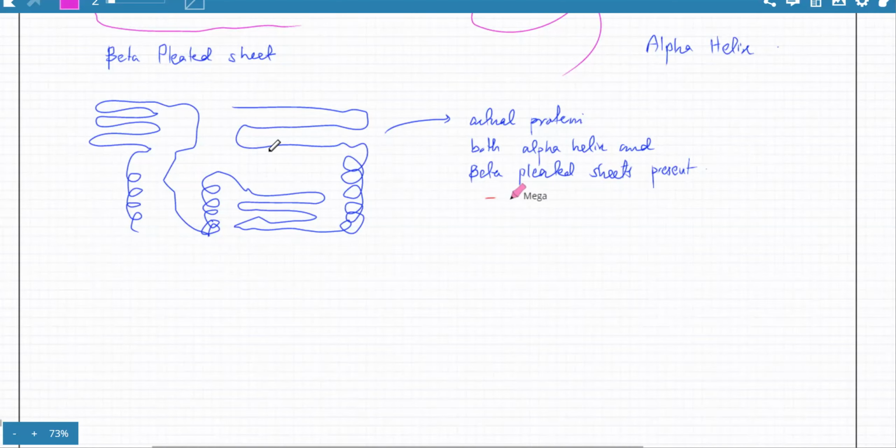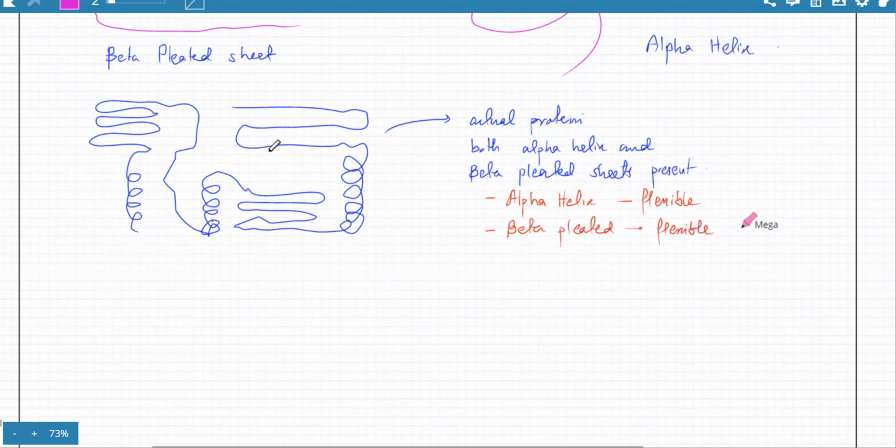Alpha helix is more flexible, more spring-like, more stretchable, and beta pleated sheets are less flexible.